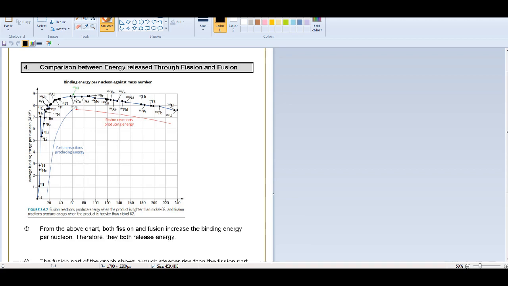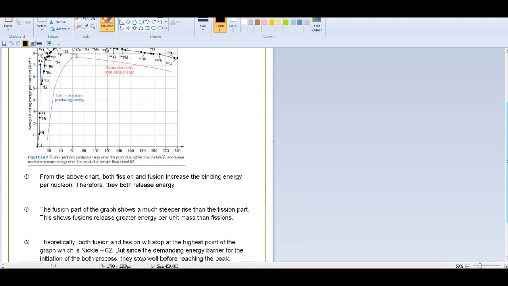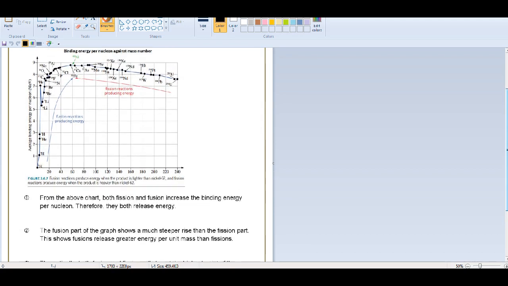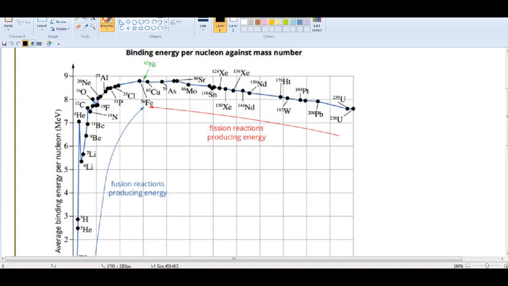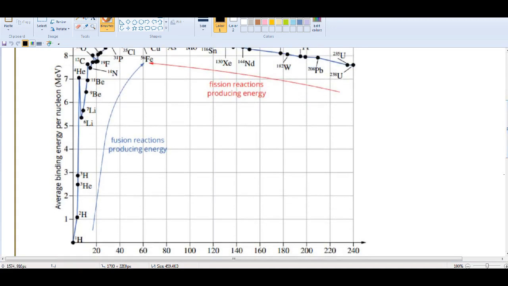Both have one purpose, to get their binding energy per nucleon bigger, so both reactions release energy. But when you compare the fusion part, you see a much steeper rise in the average binding energy per nucleon.